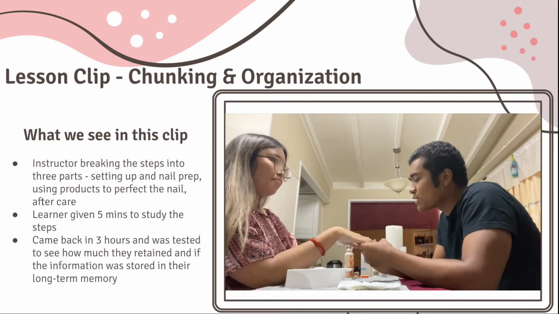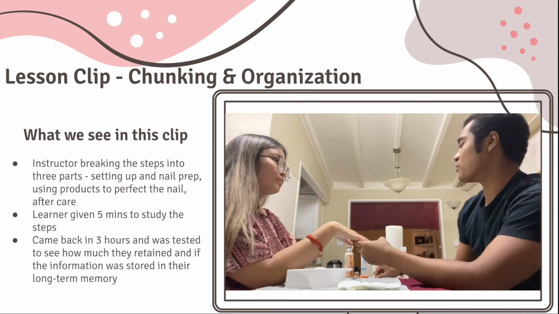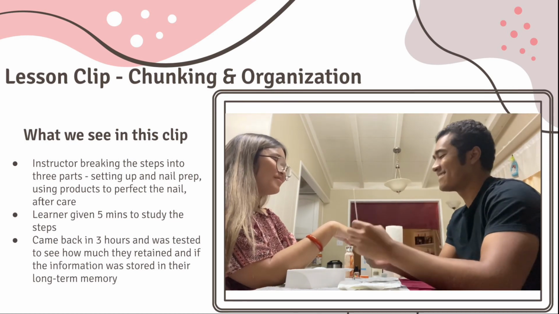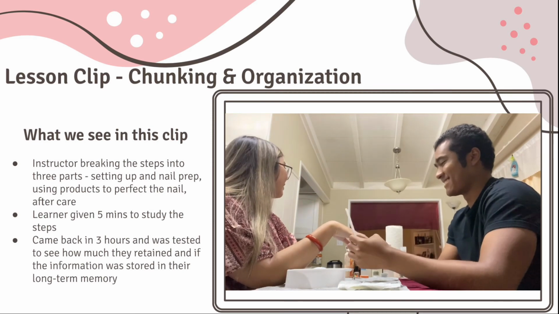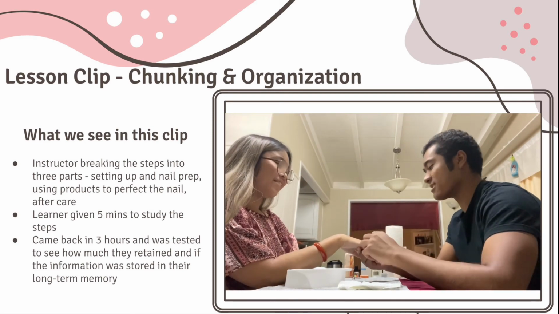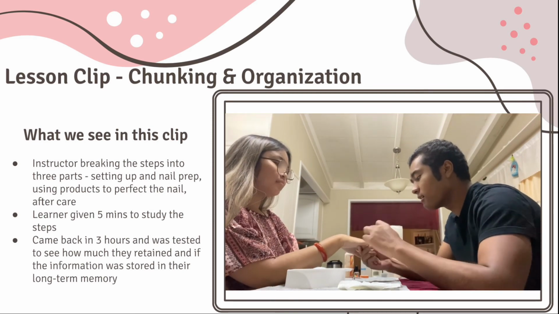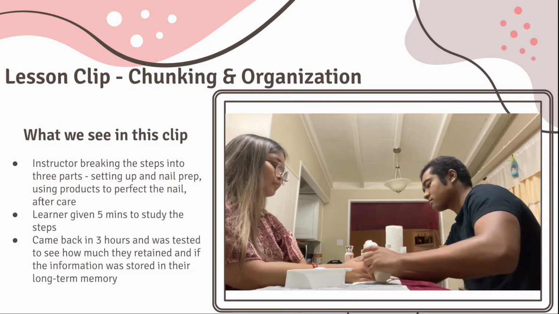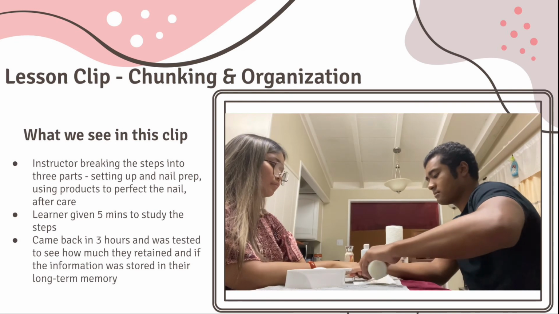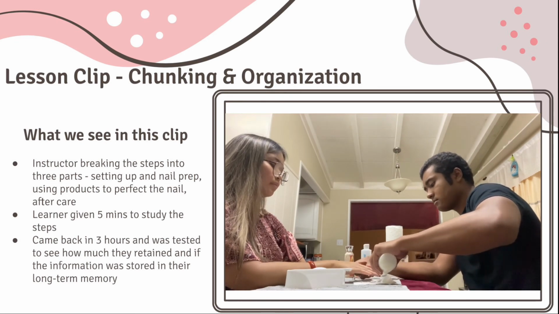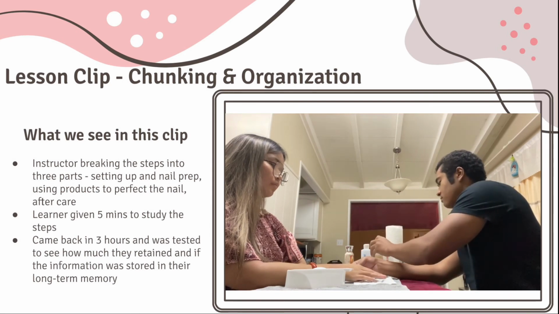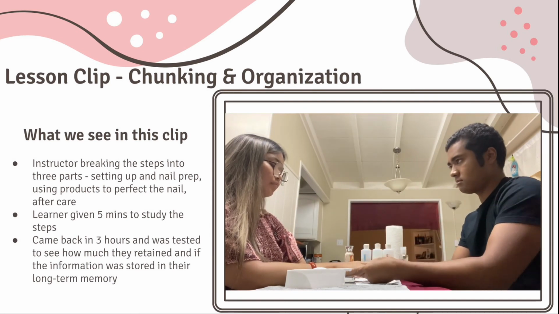So throughout this whole test, he's not asking the instructor any questions and knows exactly what he's doing. So we could see that after 3 hours doing unrelated things, the learner understood and recalled the information to perform this skill. We can conclude that the learner's information was processed in his long-term memory.